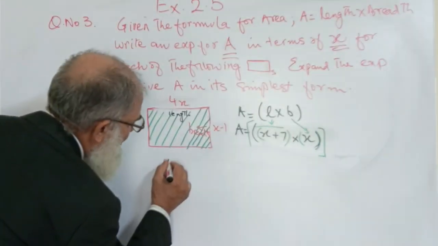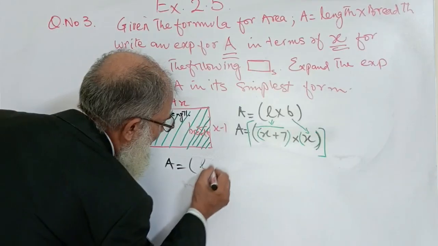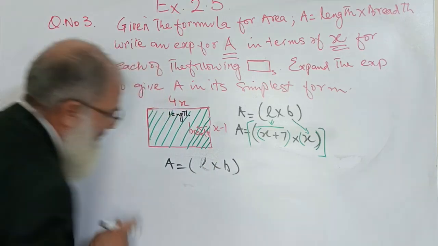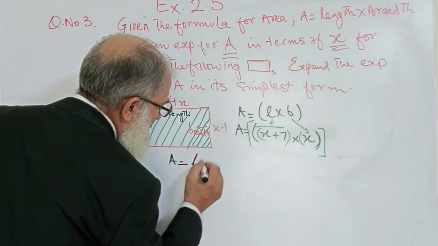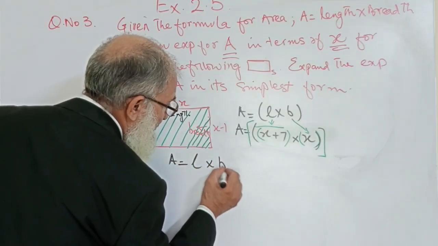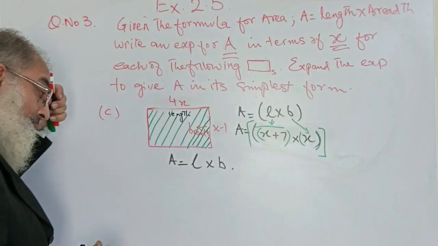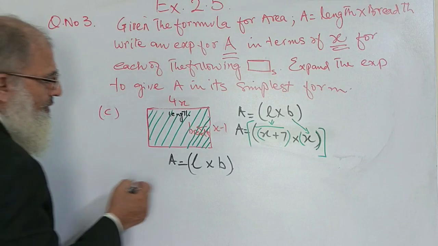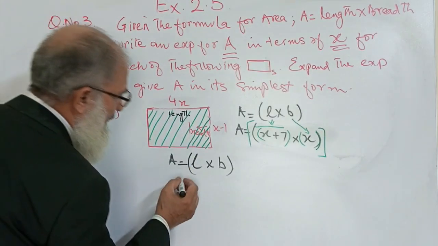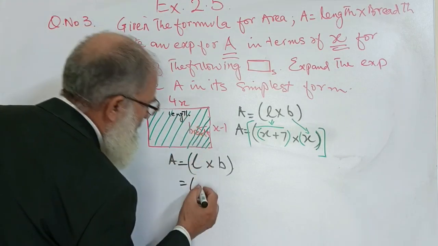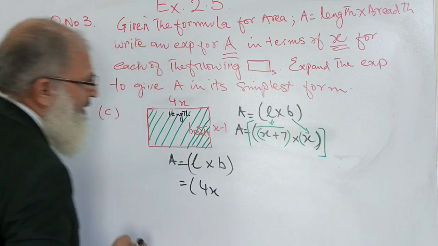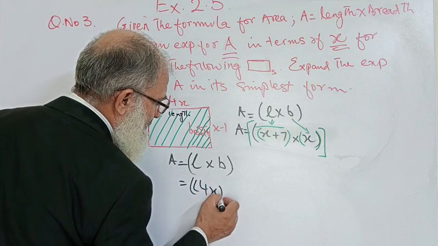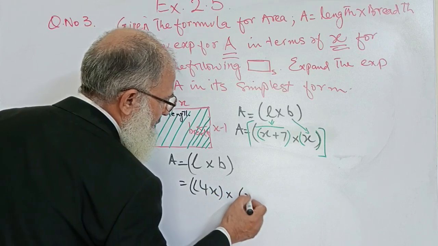Area is equal to length multiplied by breadth. You can do it like this. Now length is 4x multiplied by b, and b is x minus 1.